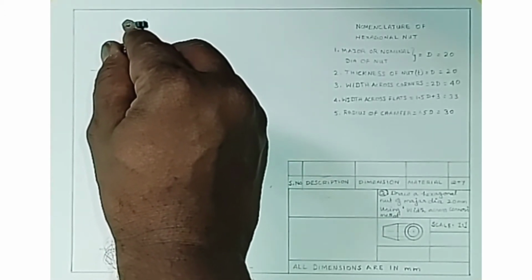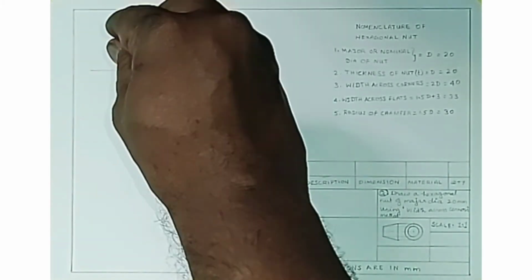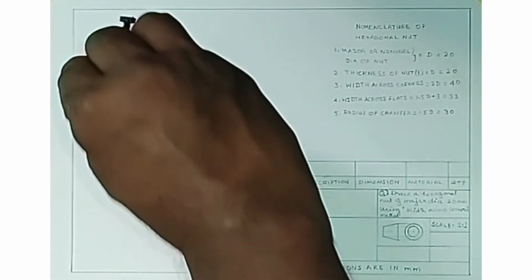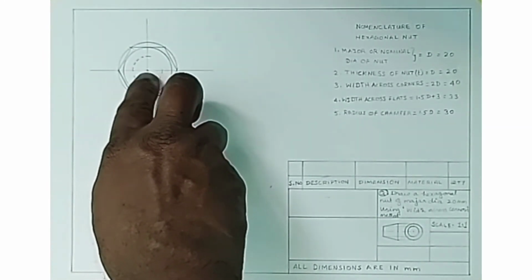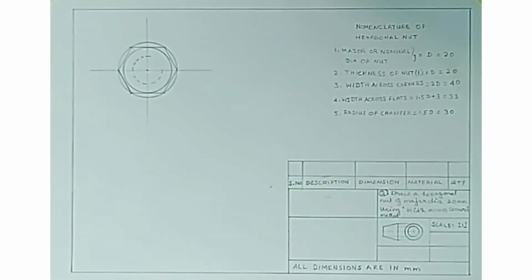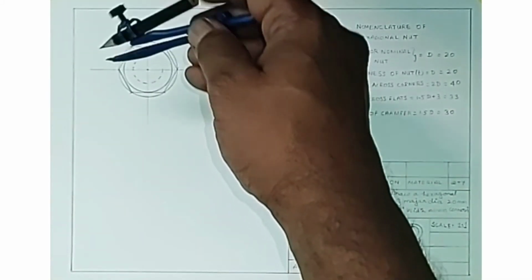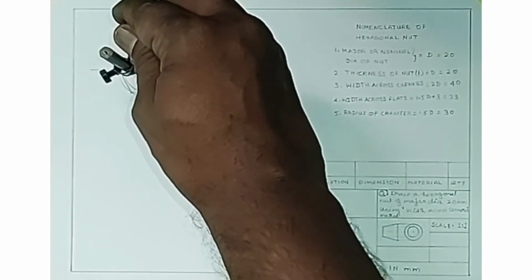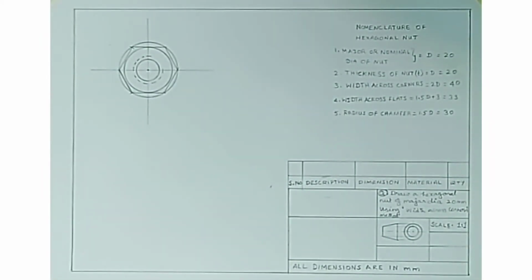Now take a radius 2 mm lesser than this radius, and draw a complete circle. Right. Now the front view is ready.